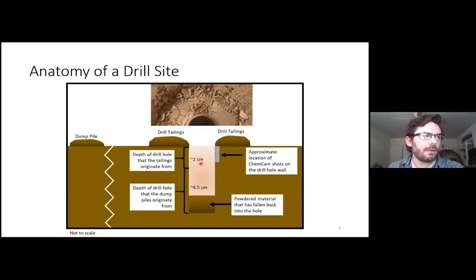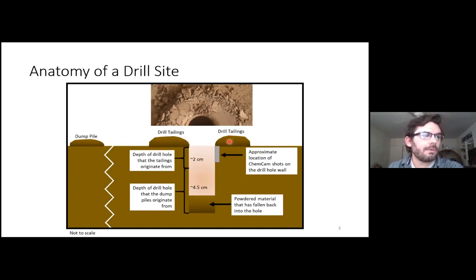Then the drill bit would bite into the surface, and the drill would continue down up to 4.5 centimeters more and collect some material. This material was sieved, processed, prepared for the internal instruments, which includes an X-ray diffraction instrument. And then some of this material is dumped back onto the surface in this thing we call the dump pile. And so we can compare these two materials to get an idea of differences down the drill hole.